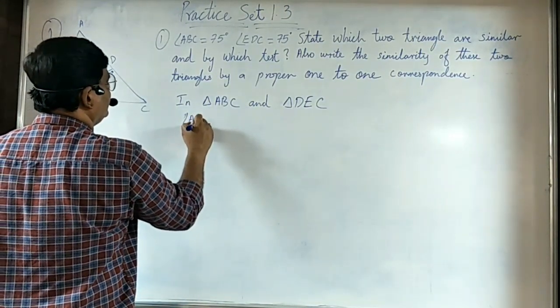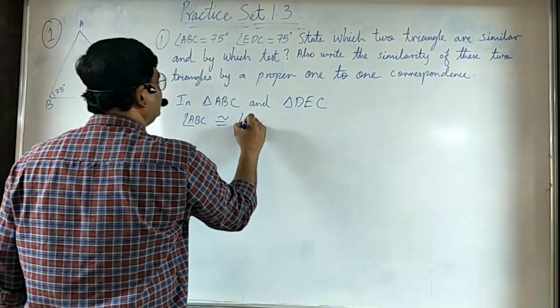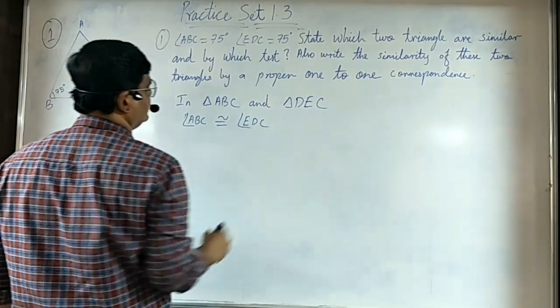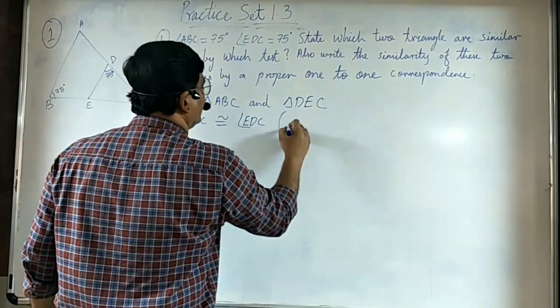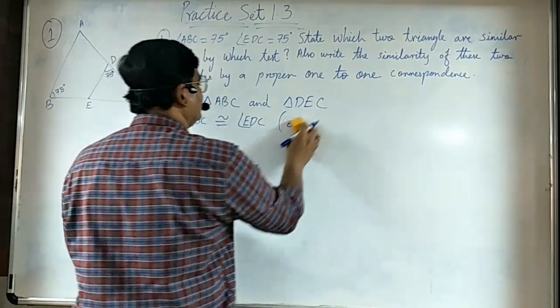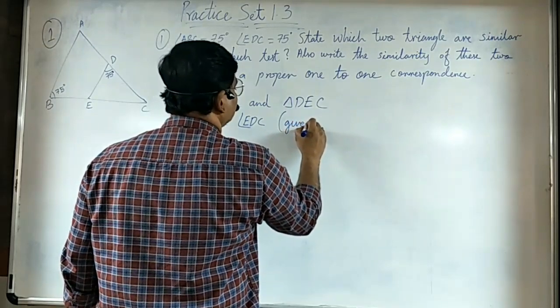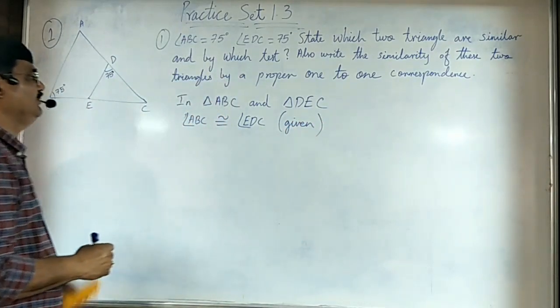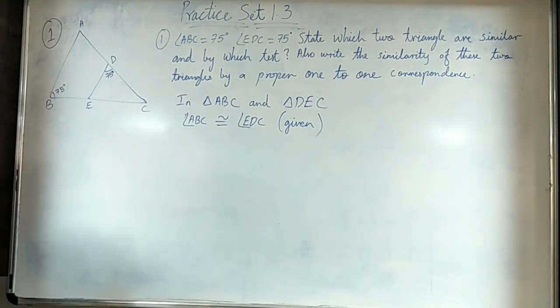Angle ABC is congruent to angle EDC. And why? You can write each is 75 degrees, or you can write given, because it is given in your question.